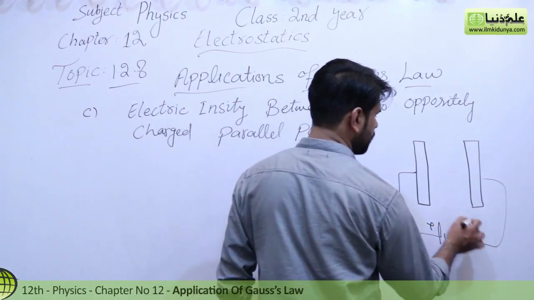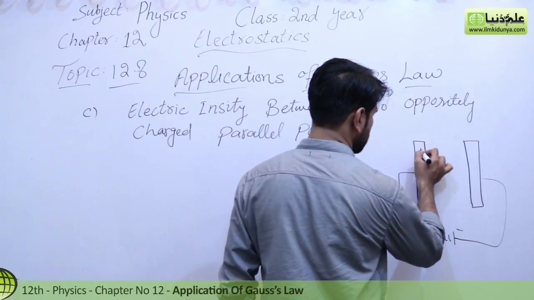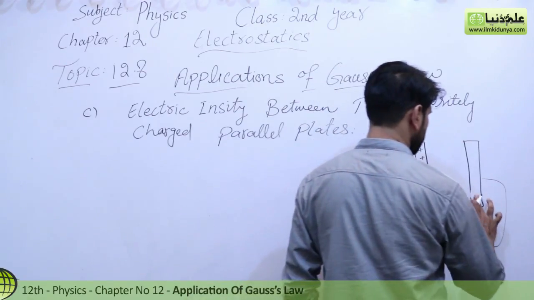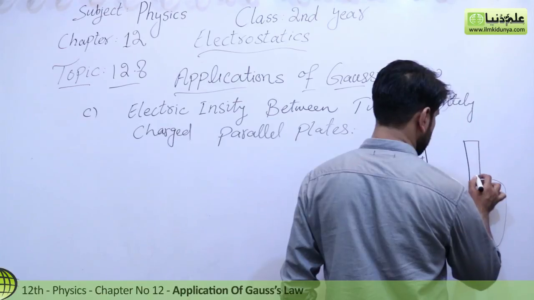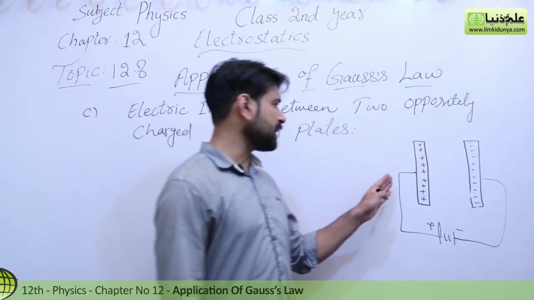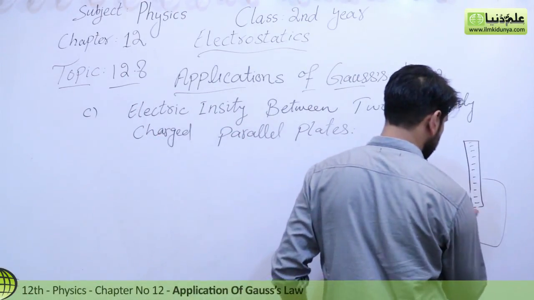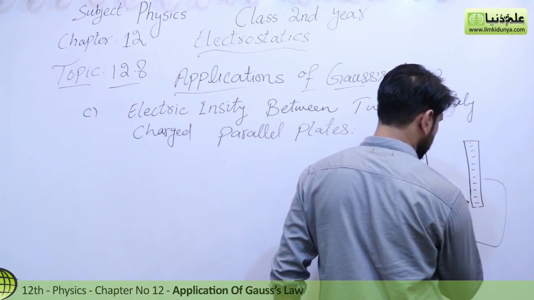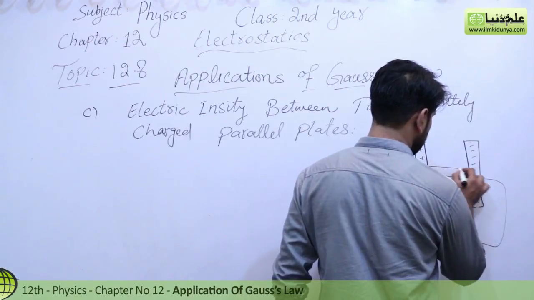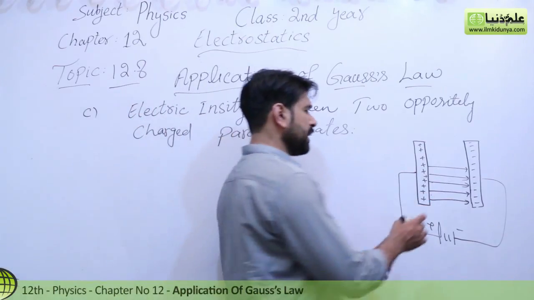So positive, negative, this will carry a positive charge and this will carry a negative charge. If these 2 plates are carrying opposite charges, they develop an electric field between the plates, emerging from the positive plate to the negative plate.